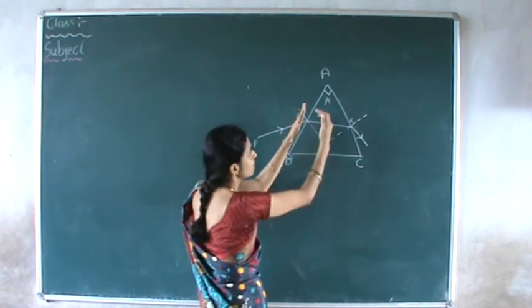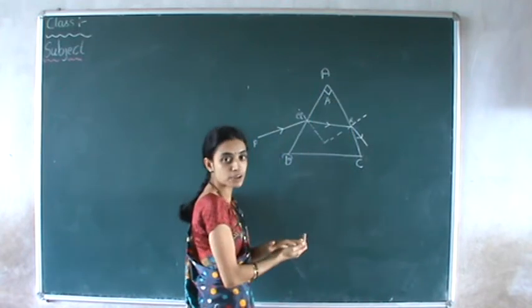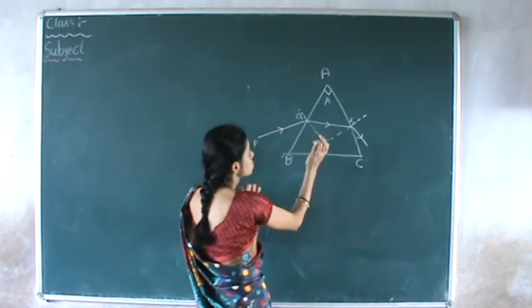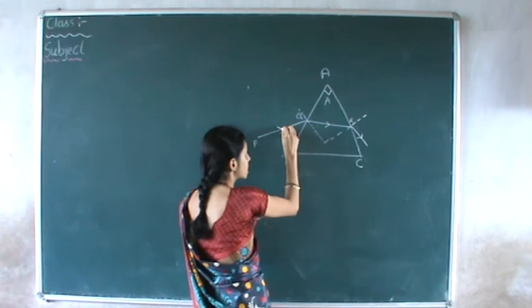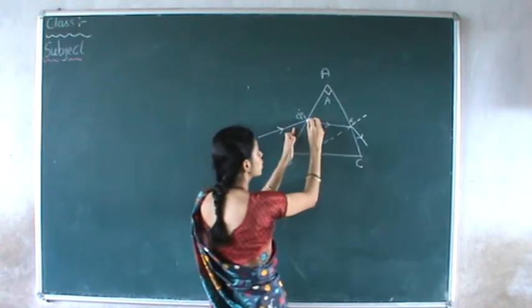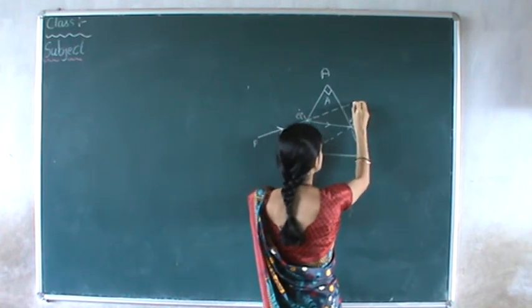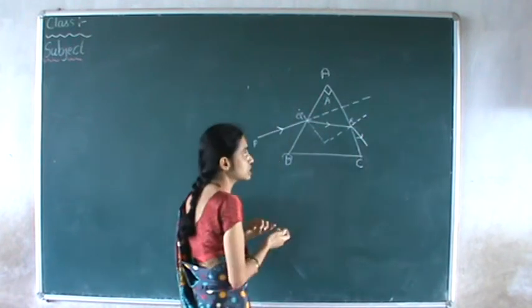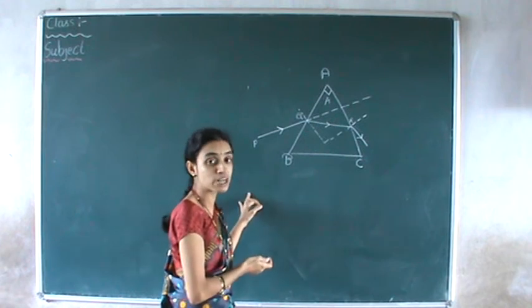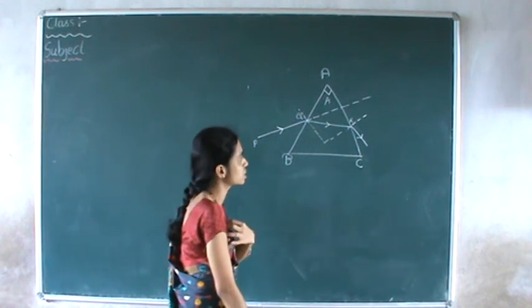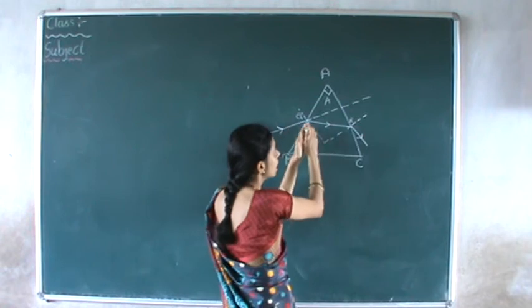If I remove this prism, if the prism was not there, then PQ would have traveled in a straight line path, instead of undergoing the refraction phenomenon.